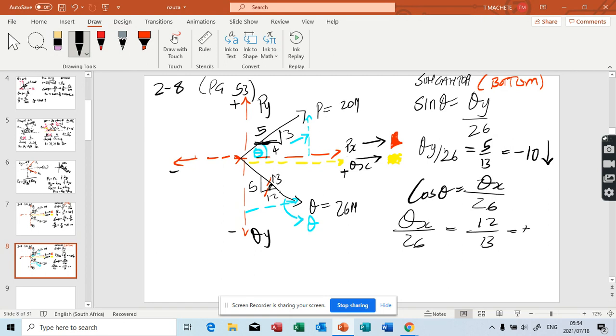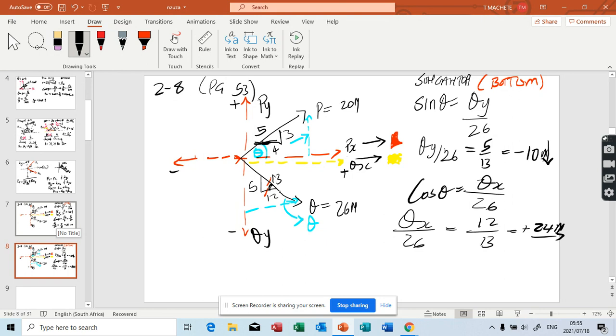It will be going in that positive direction. Positive 24 newtons. You have to write newtons, and then it's going in that direction.